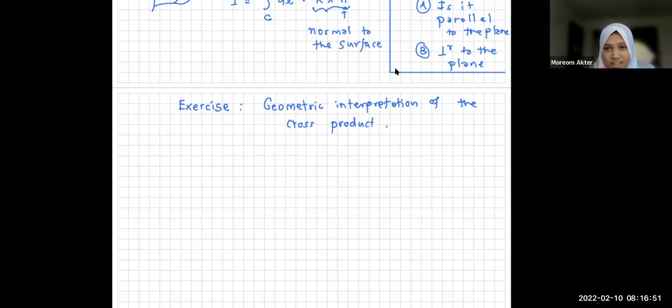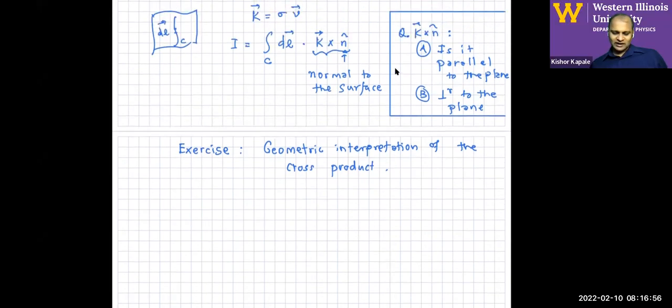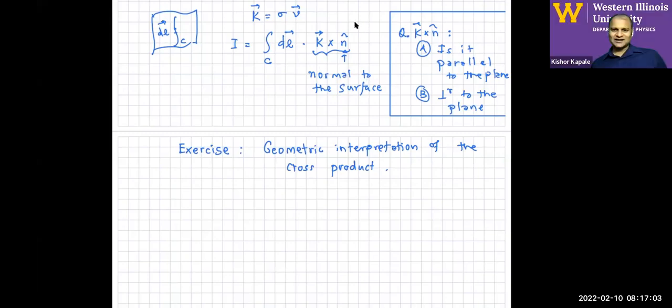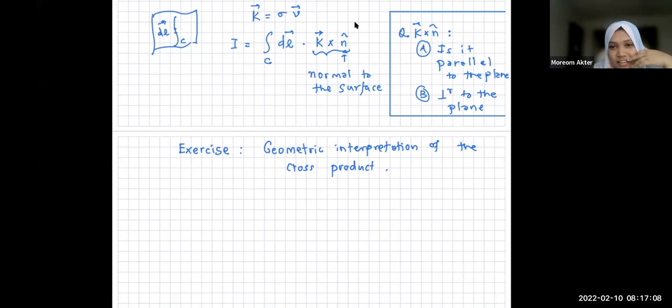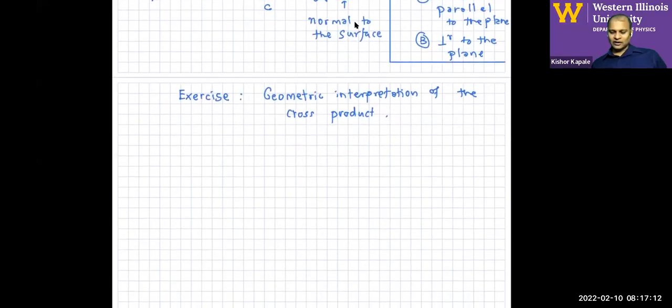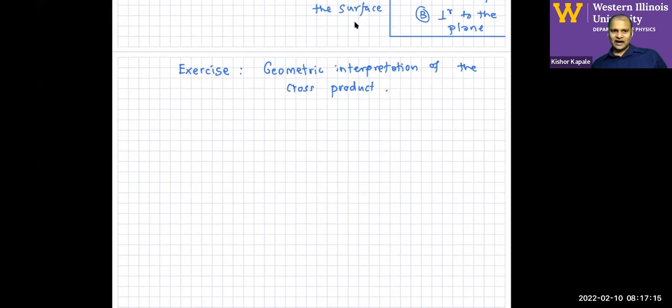No, I said A, parallel, not perpendicular. Oh, did I? No, your answer is B, which is perpendicular to the plane. B, okay. So you want to change your answer again as well? I think maybe. Okay, who is still sticking to their answer that K cross N should be perpendicular to the plane? I want to hear your thought process, why you think it should be perpendicular to the plane.